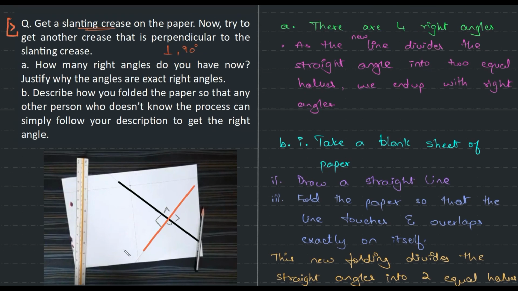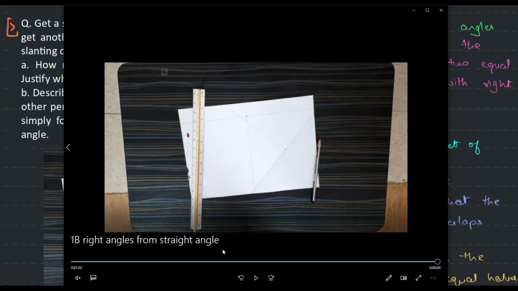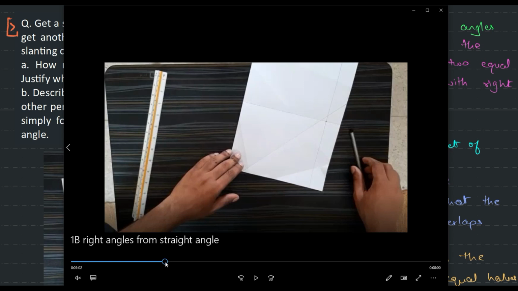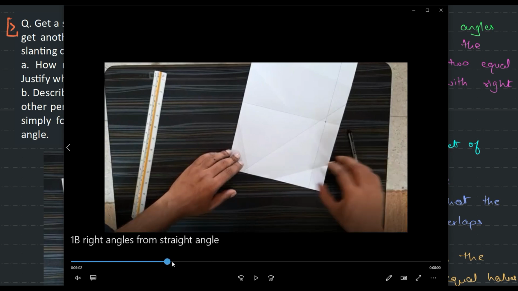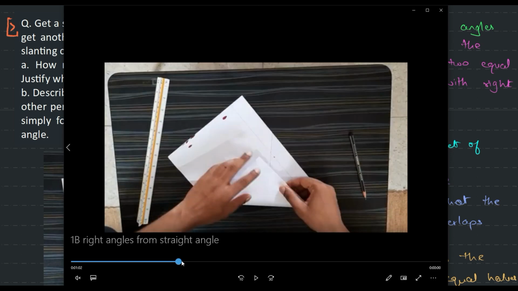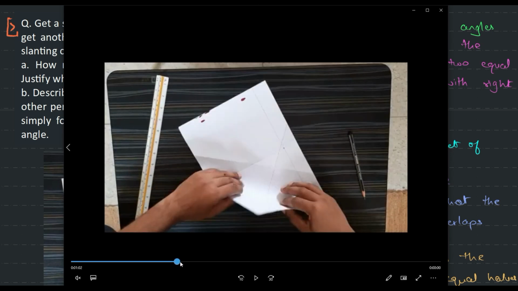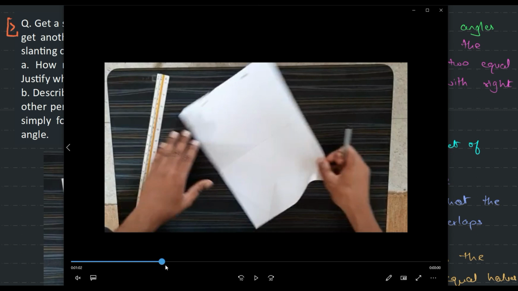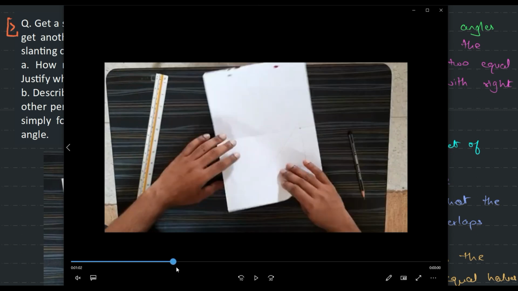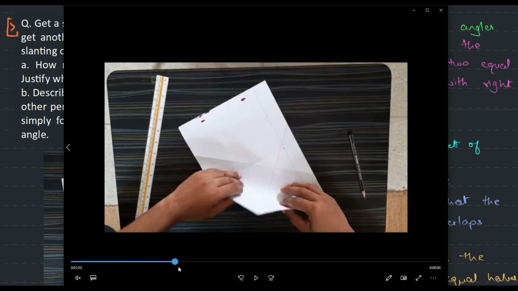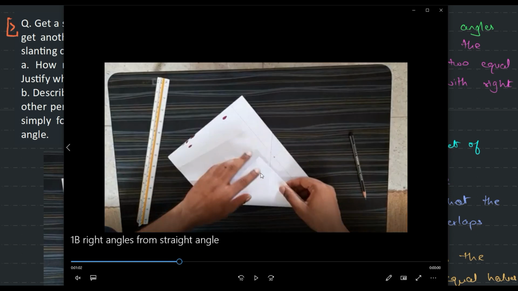Okay. So yeah, I wrote it, but I didn't explain it. Let me explain it properly. See, we have a straight line which is slanting basically to the paper. What I did was I folded it in such a way that, can you see that? Right, this straight line I'm folding in such a way that, can you see that the lines are overlapping?